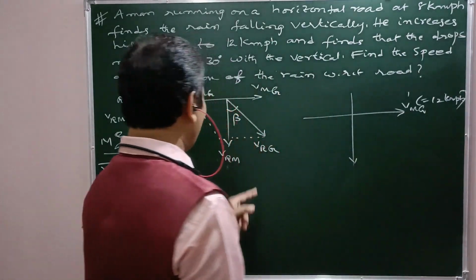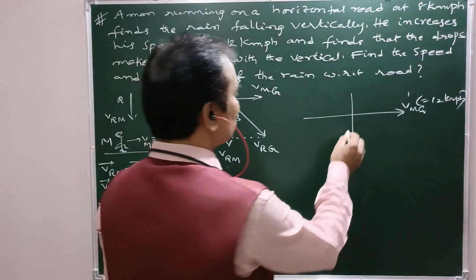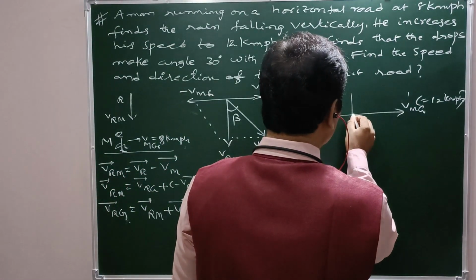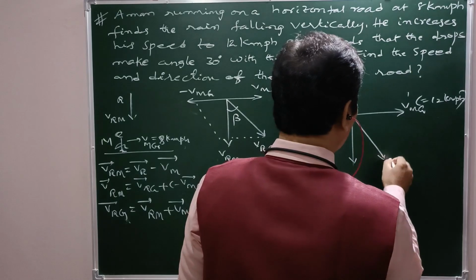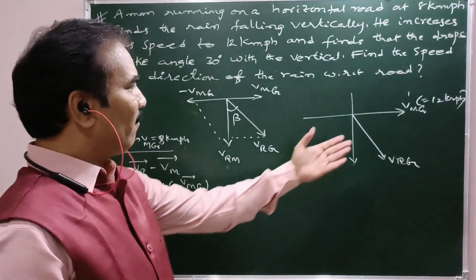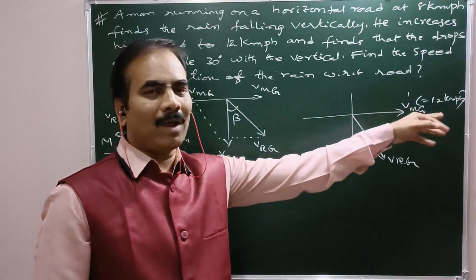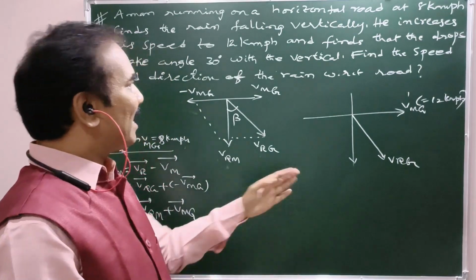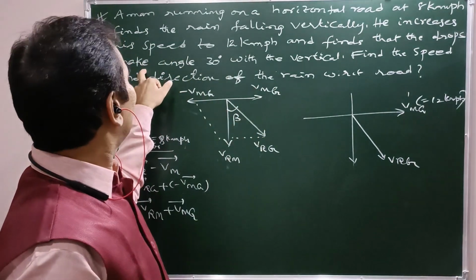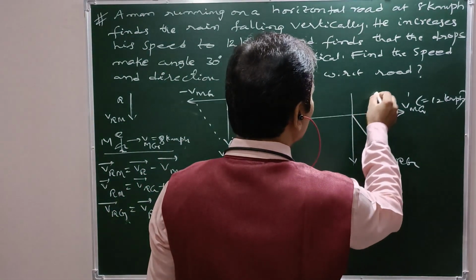Now, what is the actual direction of VRG? There is no change in the case of VRG, as usual. When he speeds up from 8 kmph to 12 kmph, he finds that raindrops hit him at an angle of 30 degrees with the vertical.